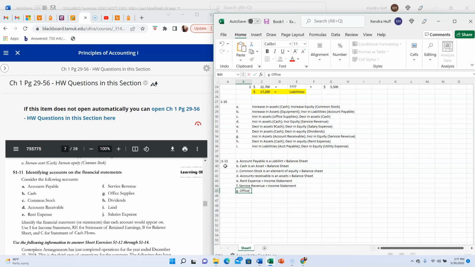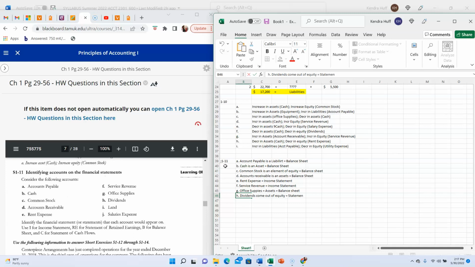Office supplies are an asset, which means it goes on the balance sheet. Dividends come out of equity, and they end up going on the statement of retained earnings.